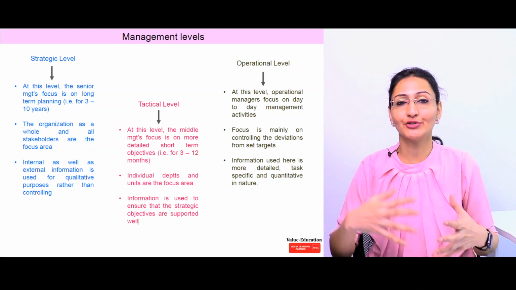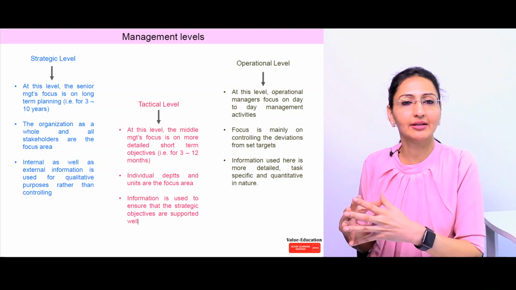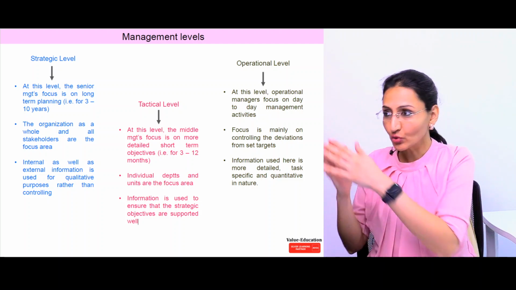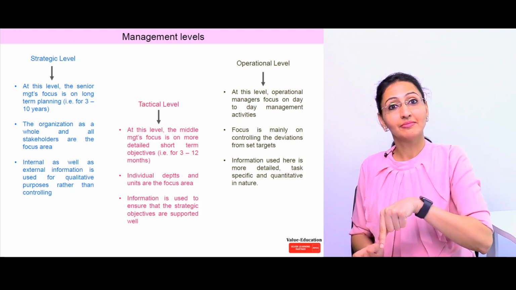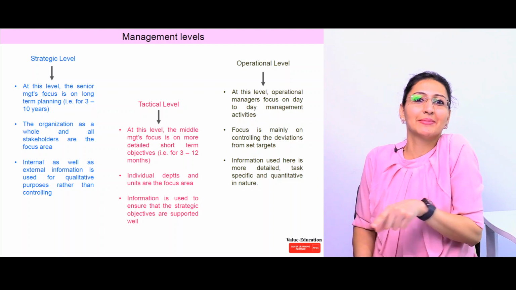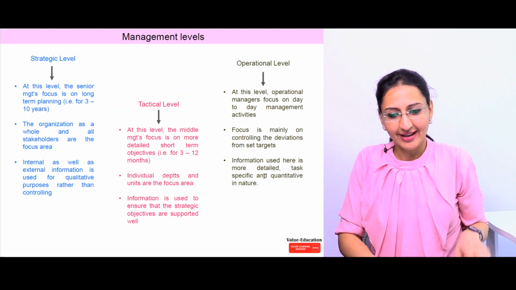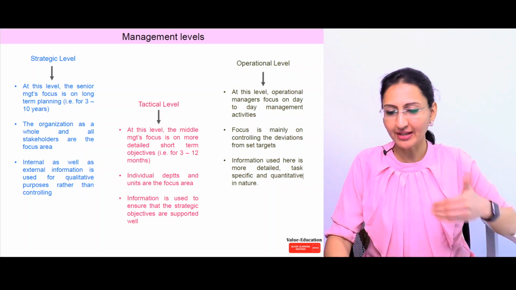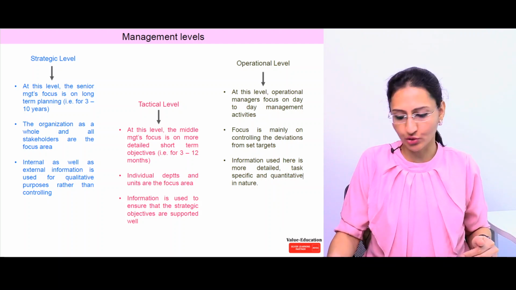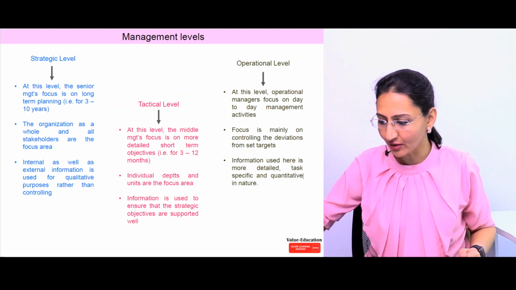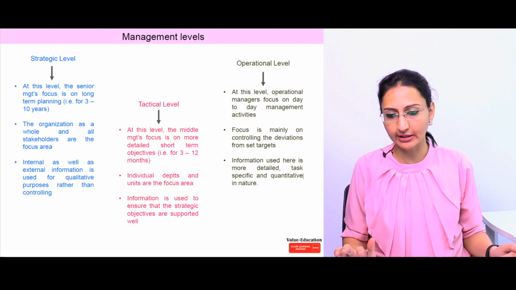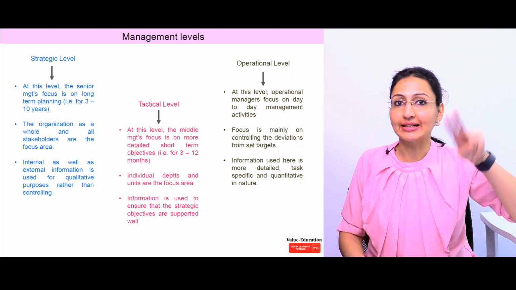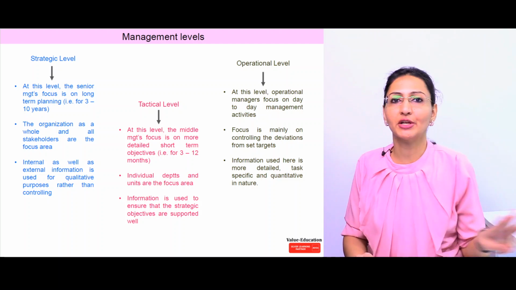Their task is to ensure that material reaches the organization in time, there is no delay in the material. For them, information related to material is the most relevant and quantitative information also. So they have to be very detailed in their approach. So that's a clear cut line of management levels which do work in organizations. One, strategic level. Two, there is tactical level. And three, there is operational level.